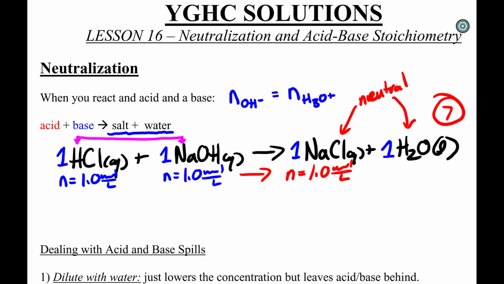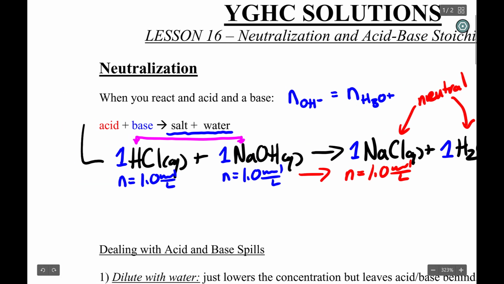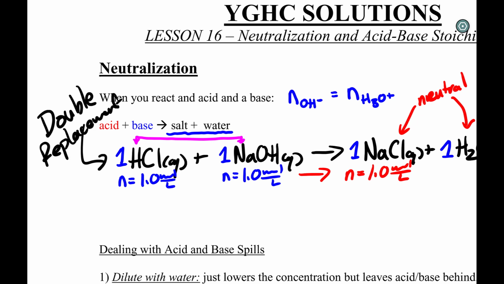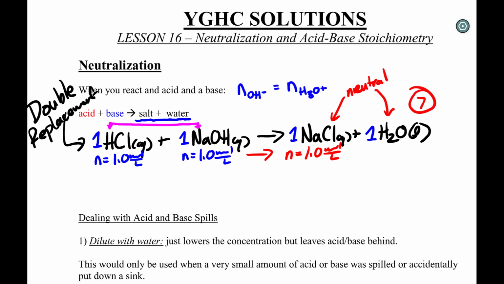Now, this would be the double replacement reaction. We could also write this as a net reaction as well. We have previously worked on writing net ionic equations, and we can do a similar thing here.